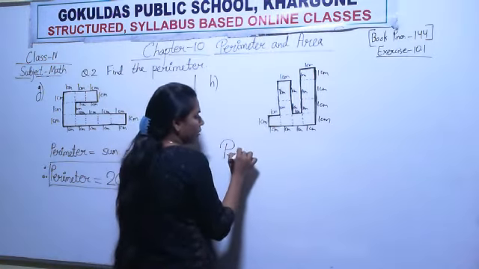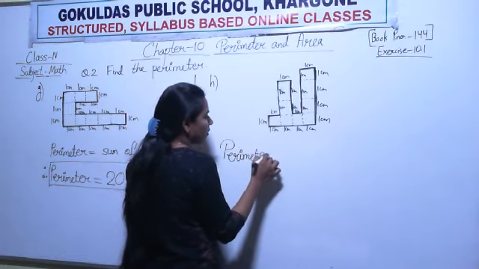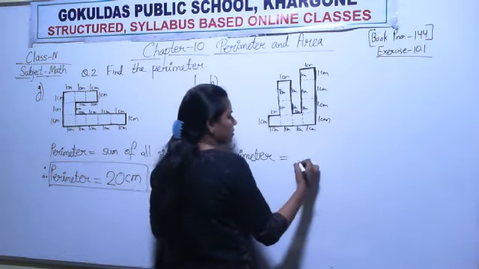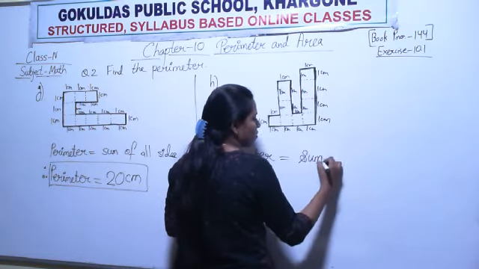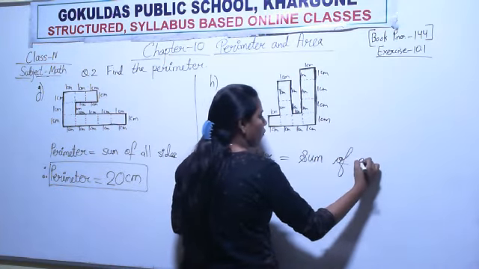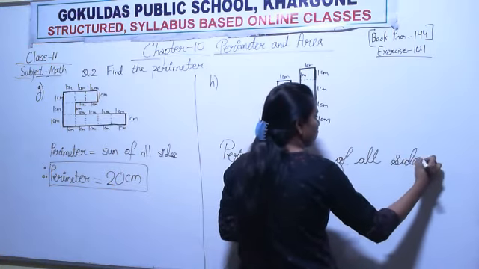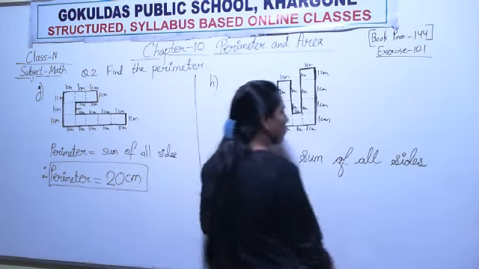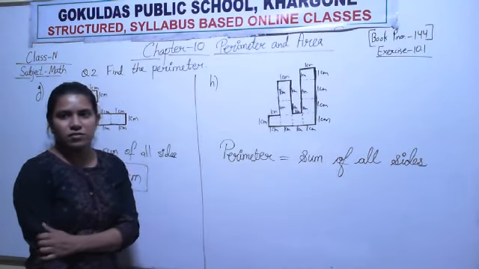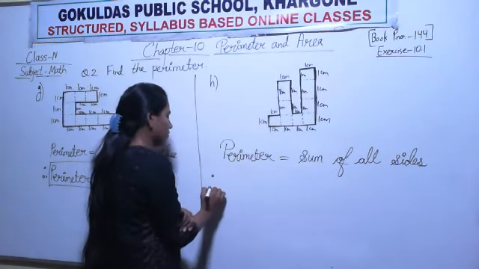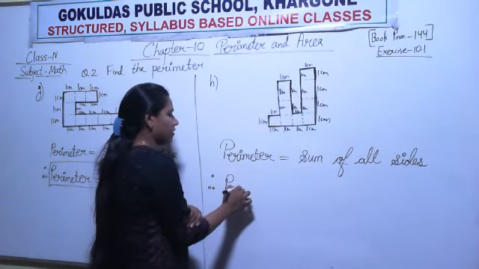Now as we know that the formula for the perimeter of any shape is, perimeter equals the sum of all sides. Okay, therefore find the total.